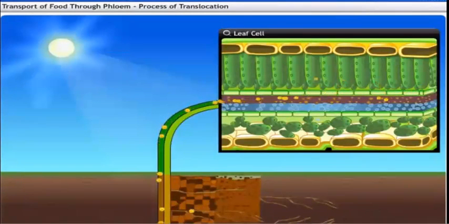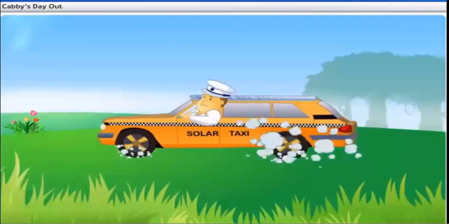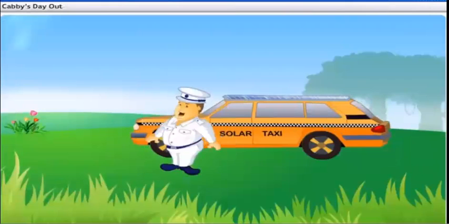Finally, sugar molecules move to the root system. Looks like I've come to the end of the road.